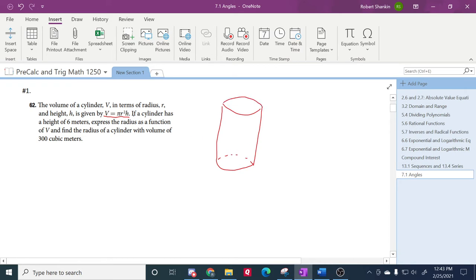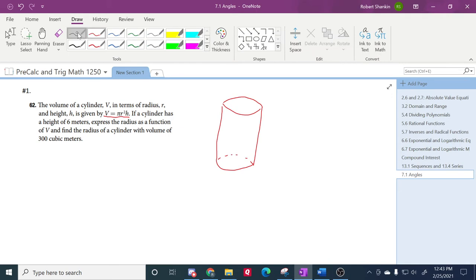Now the volume of a cylinder is the same as if we find the, now this cylinder down here is going to have a radius r, and a height h.